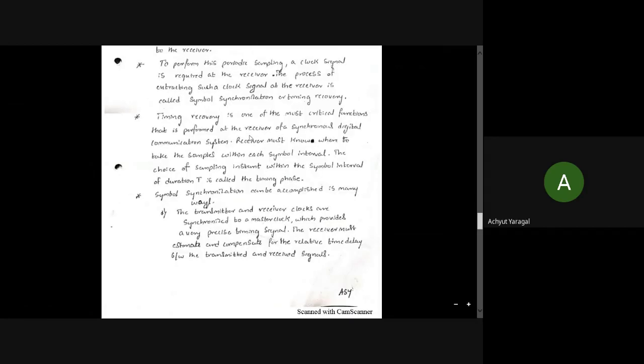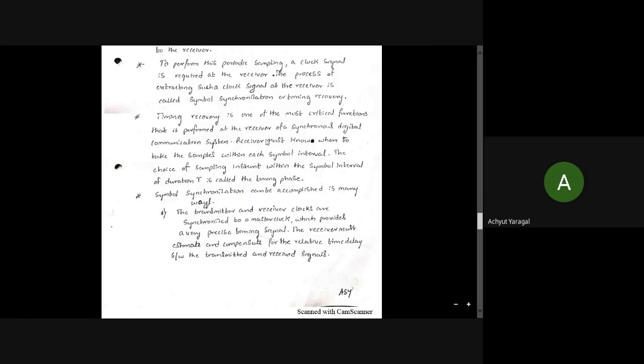Then the receiver will estimate and compensate for the relative time delay between the transmitted and received signals. That is one way of achieving symbol synchronization.